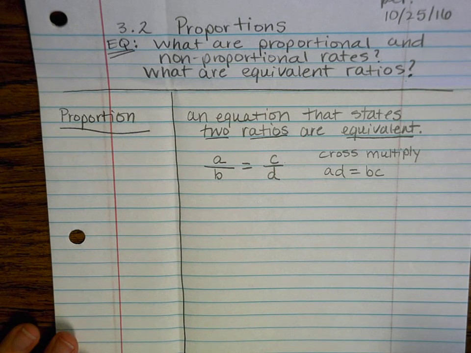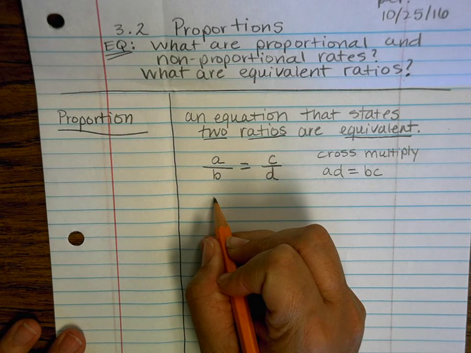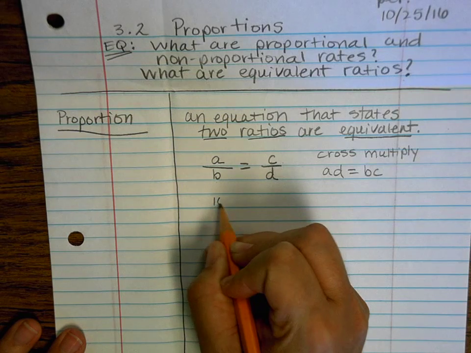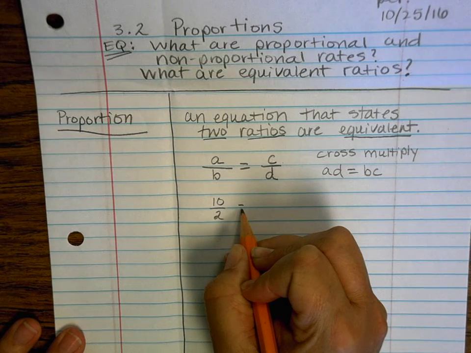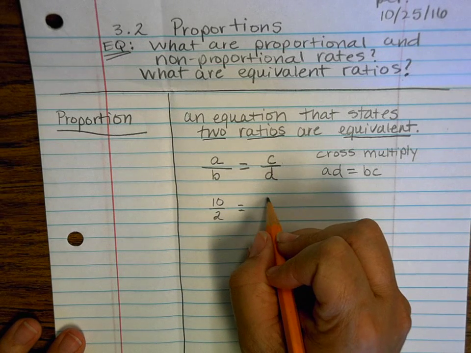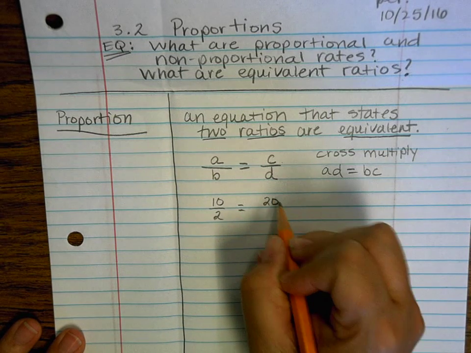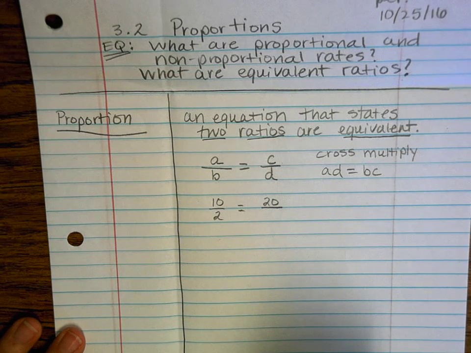So let's do 10 over 2, and that should equal 20 over what? 4. Good.